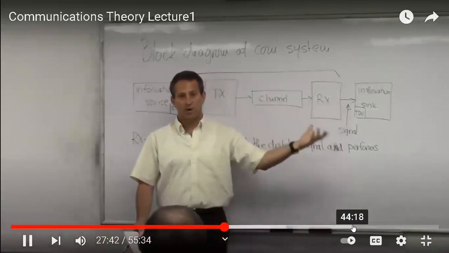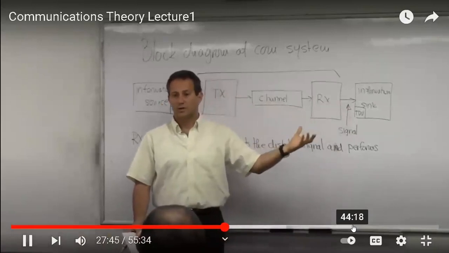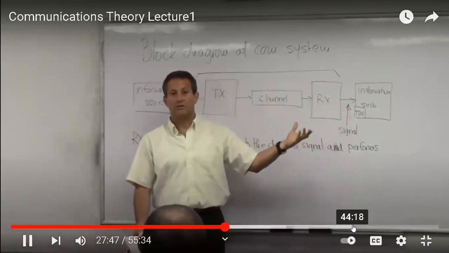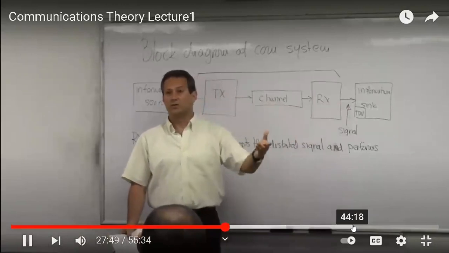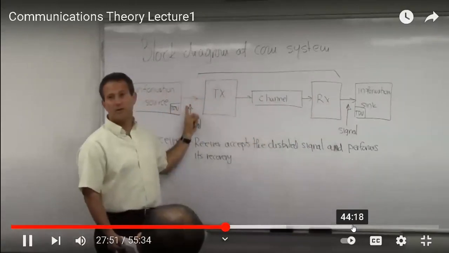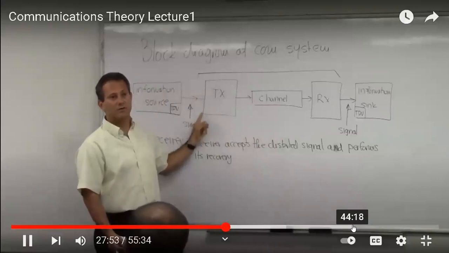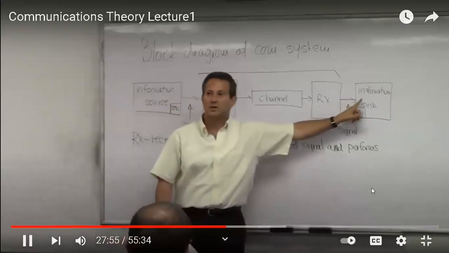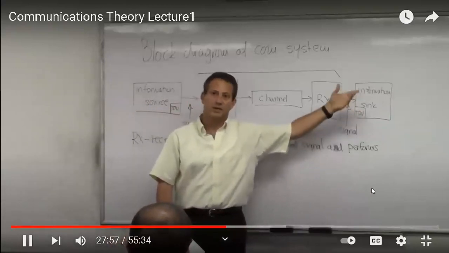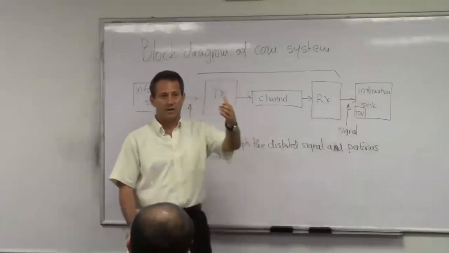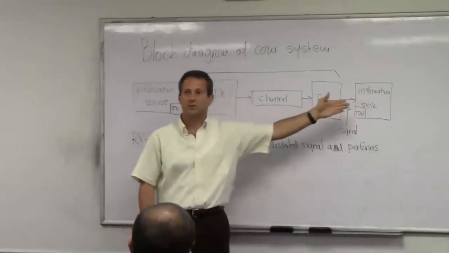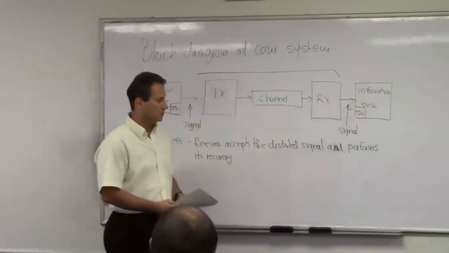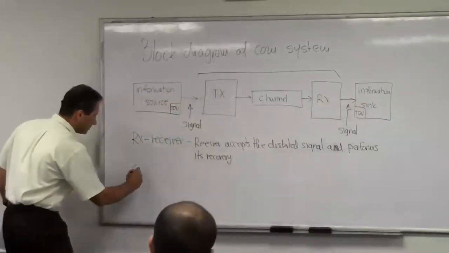And there is a block here that is usually in the communication system for that purpose. In the case of acoustic wave, you have a microphone here that does conversion from acoustic wave to signal. You're going to have a speaker here that takes a signal and makes it an acoustic waveform. You have a camera on one end, you're going to have some sort of screen on the other end, and so on. So there is always an output transducer.